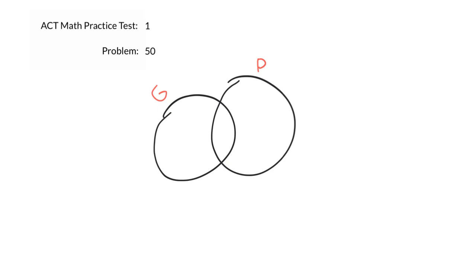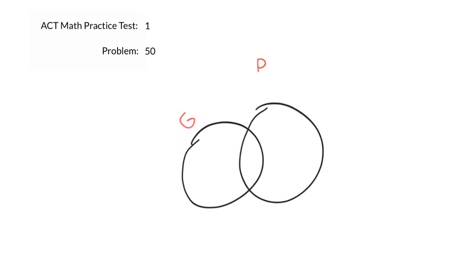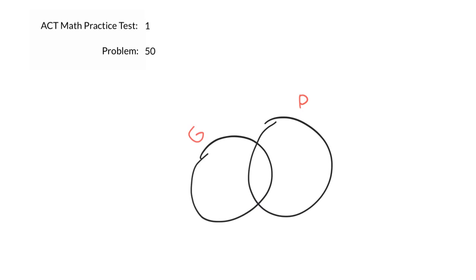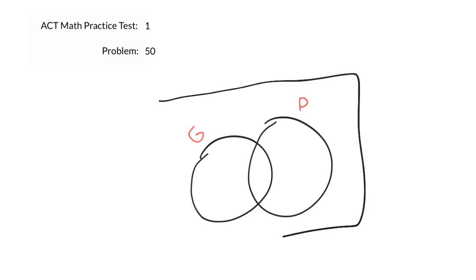And what they say is there's 20 total students, and some of them play the guitar, some of them play the piano. Now, I think it's probably possible that there are some students who play neither. So therefore, I'm going to wrap this in a box, because there might be some students over here who don't play guitar or piano. So that's the first thing to quickly notice.